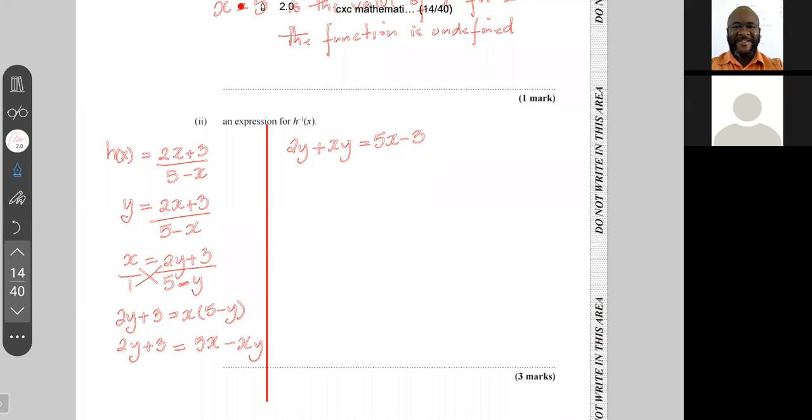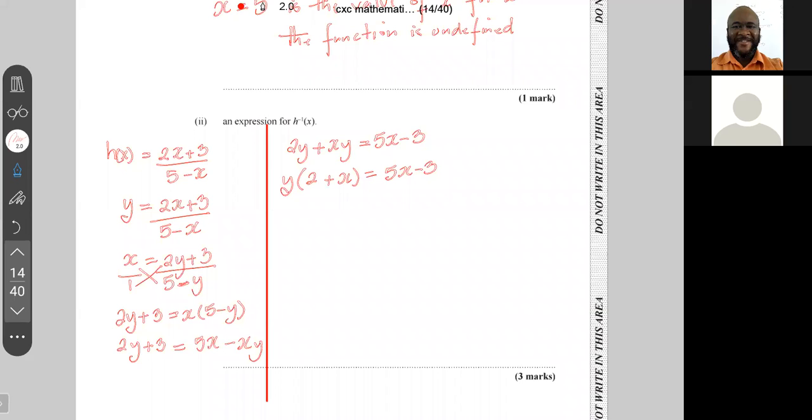Negative xy on the right goes over to the left and becomes positive. Now over to the left, y is common, so I'm going to factor out y. Y into 2y is 2. Y into xy is x. This is 5x minus 3.